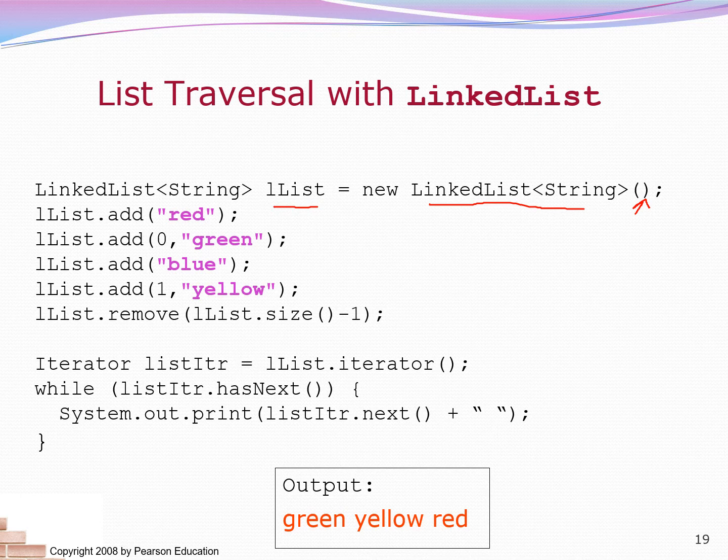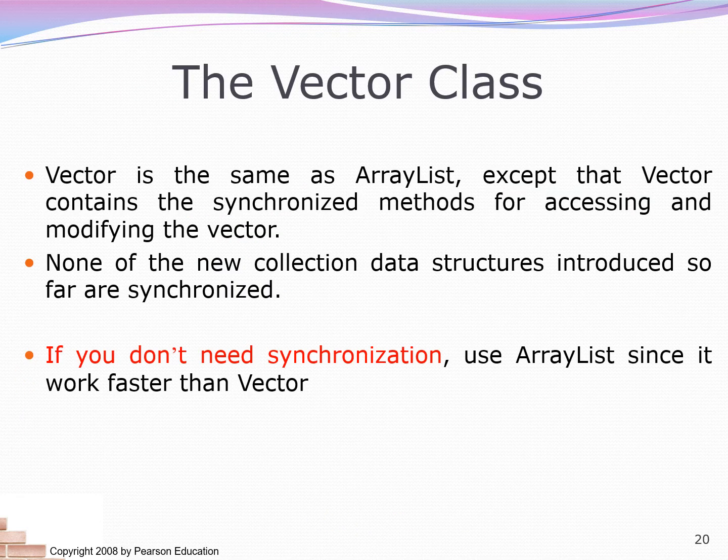Then you convert it to an iterator. If you are using a while loop, you need to convert it to the iterator first, and then iterator.next. While the iterator has not reached the end of the list, it will keep on looping and access each one of them. So it will be green, yellow, red. That is what is in the list.